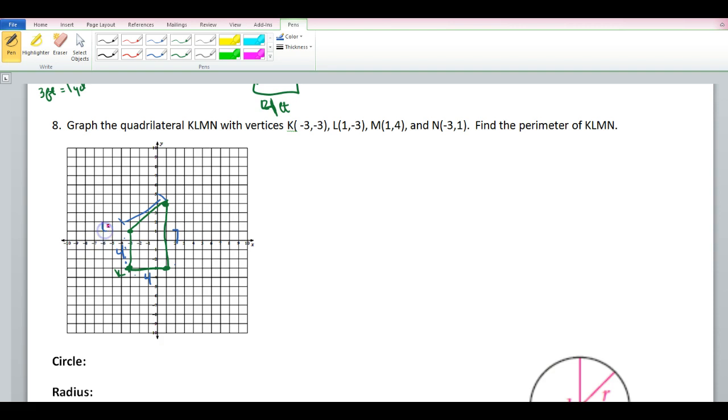So if this ordered pair is at -3, 1, and this ordered pair is at 1, 4, I'm going to use the distance formula to find that.